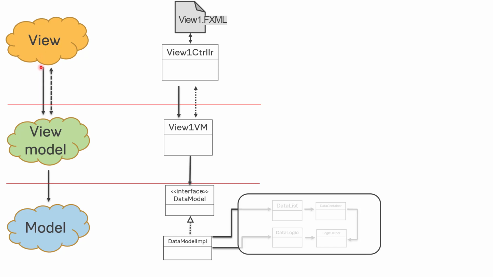So the view has a reference, an association to a view model. A view model has an association to a model. And we have the bindings between them. These were the sort of specialized observer pattern for JavaFX. And we will get back to this in part 4 to see how these actually work.